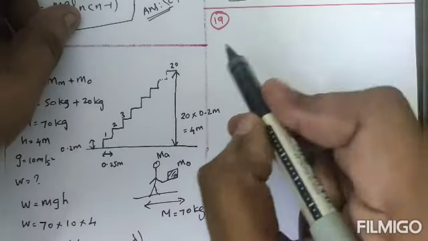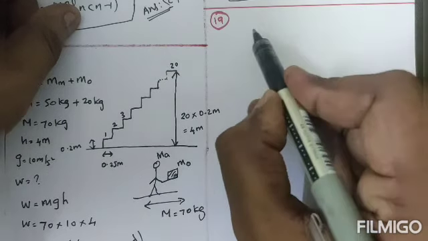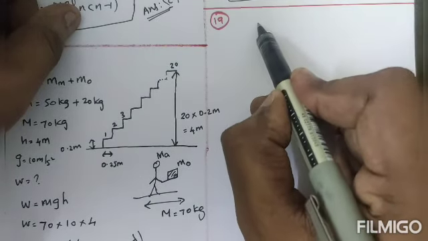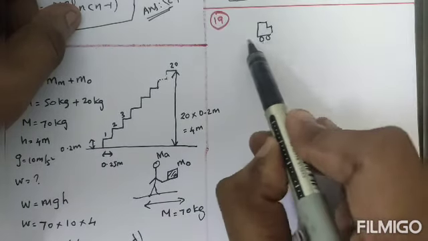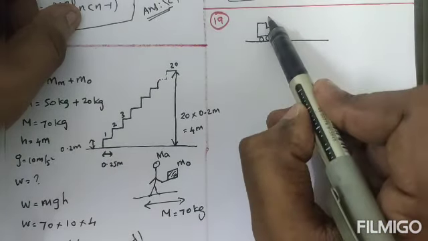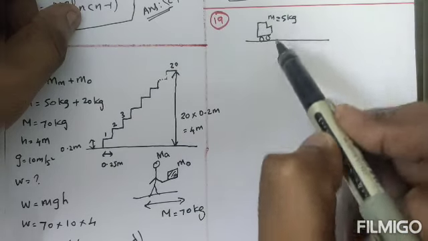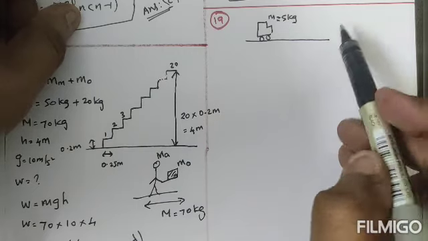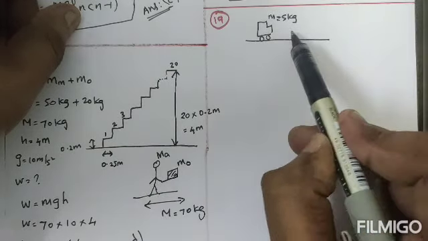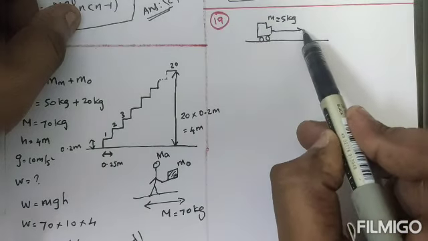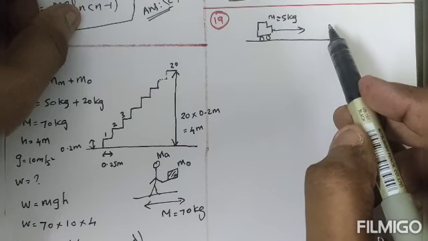Listen, I'll read the question. A body of mass 5 kg. So let's imagine this body of mass 5 kg. So mass is equal to 5 kg. It moves along a straight line and is accelerated from, so initially that velocity is 4 meter per second.